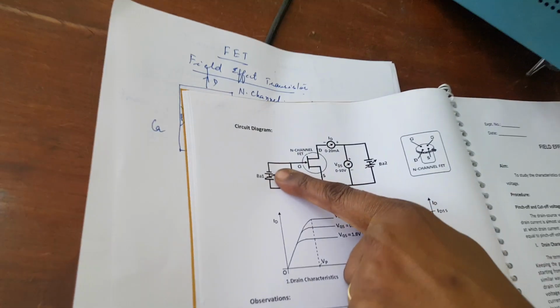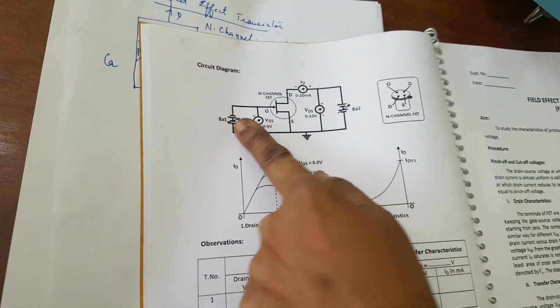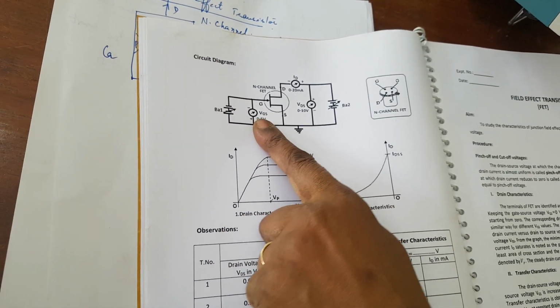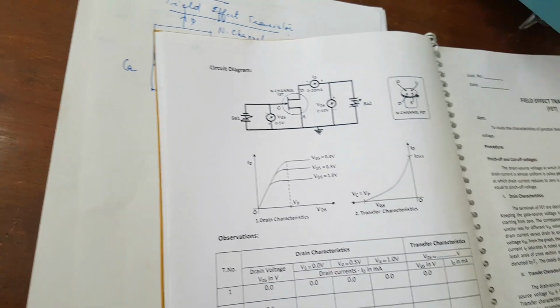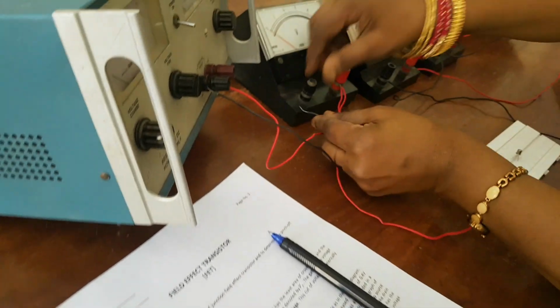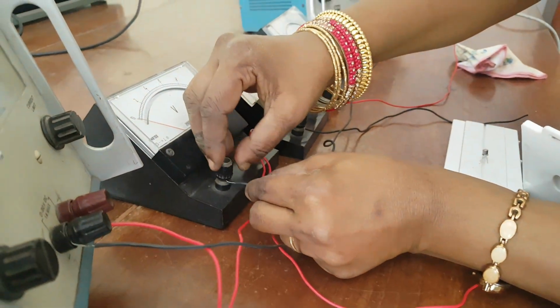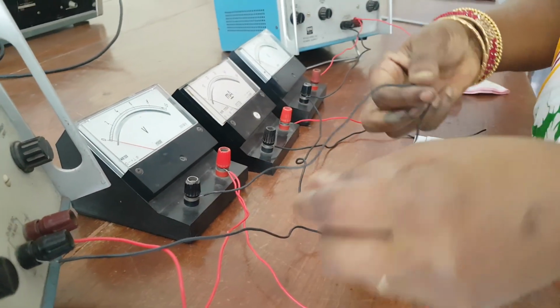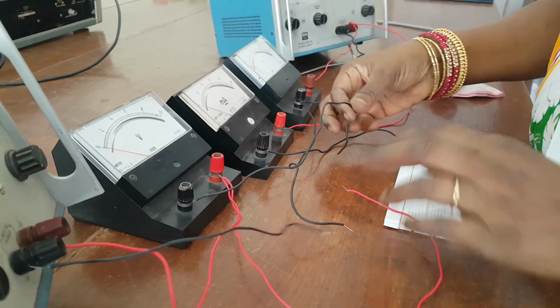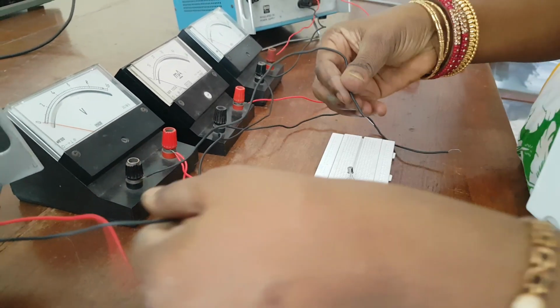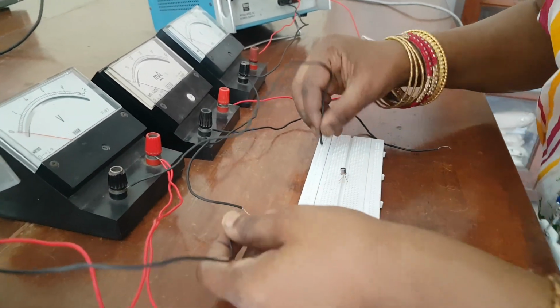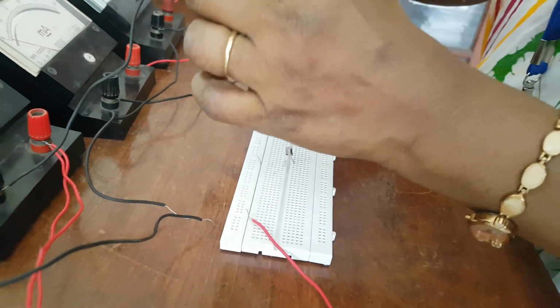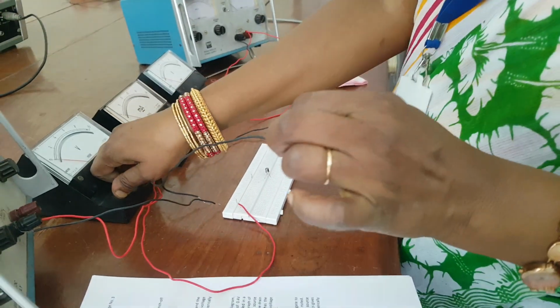Let me take first the negative of the battery to the negative of VGS. Here the negative of the voltmeter is coming to the negative of the power supply and gate. So this is gate. I will pin it.